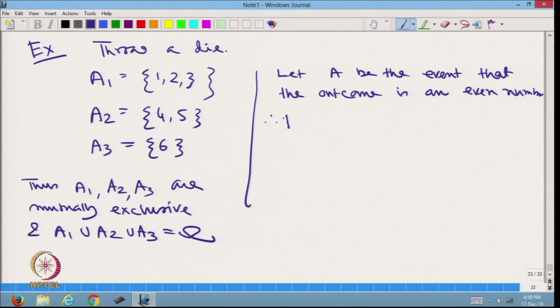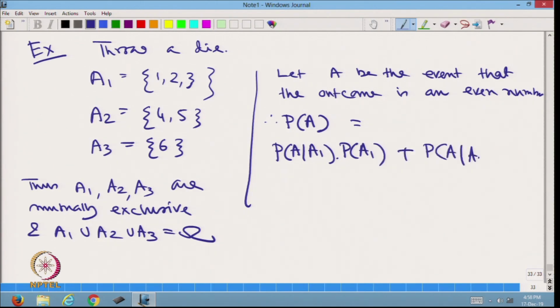Therefore, by the above theorem, probability of A is equal to probability of A given A1 into probability of A1, plus probability of A given A2 multiplied by probability of A2, plus probability of A given A3 multiplied by probability of A3.